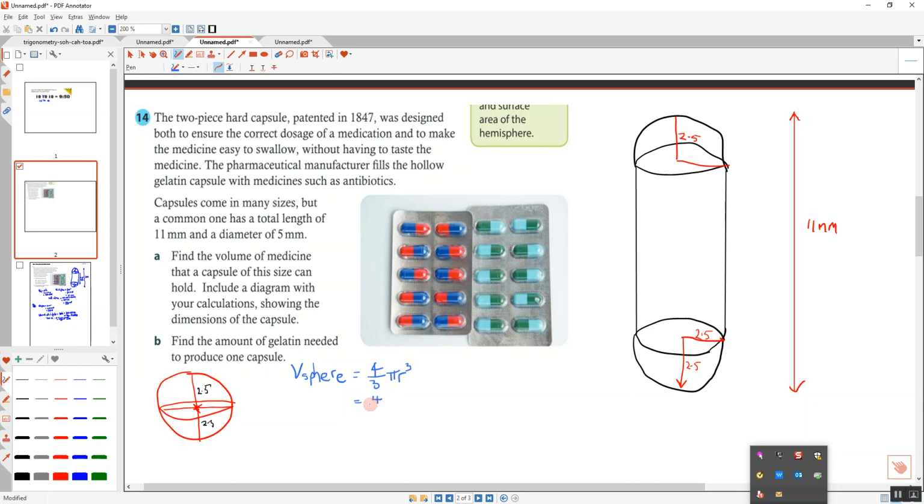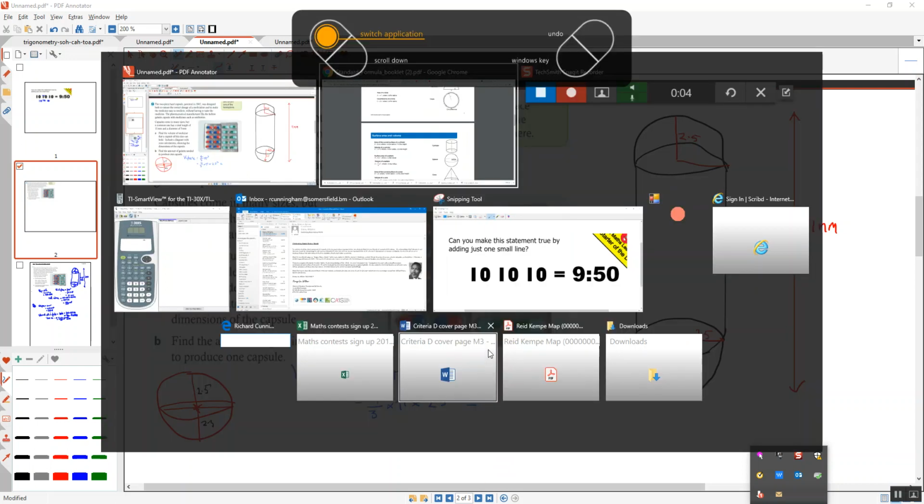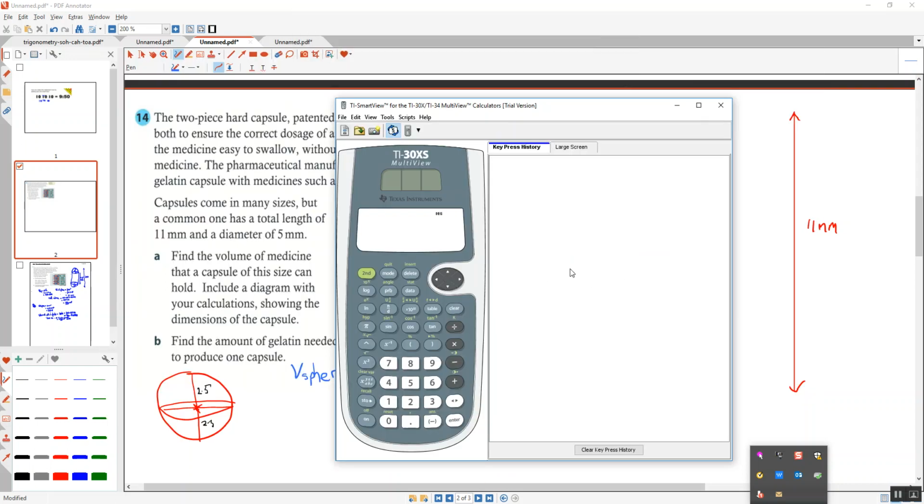So that's 4/3 multiplied by pi multiplied by 2.5 cubed. I've got a calculator here.